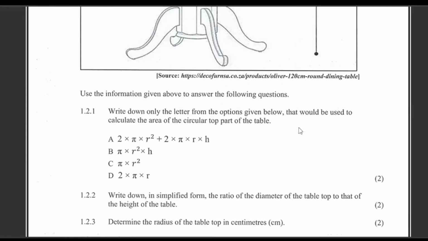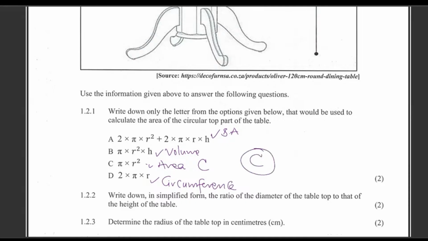Now, area and circular top, the moment you hear that, that's a circle. So here the answer is supposed to be C, pi r squared. This is surface area. This is volume. This is area. And this is circumference. So here the answer there is supposed to be C.